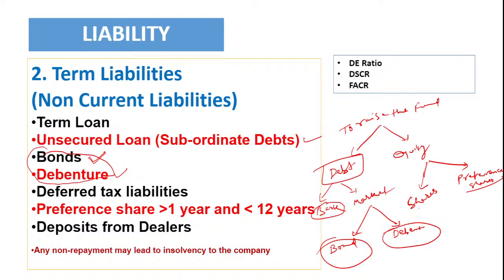Okay, so in that case it is a kind of long term source available with that company for investment purposes. So deposit from dealer is a kind of source of funds, source of finance for the company, and it should be treated as a part of the term liability.